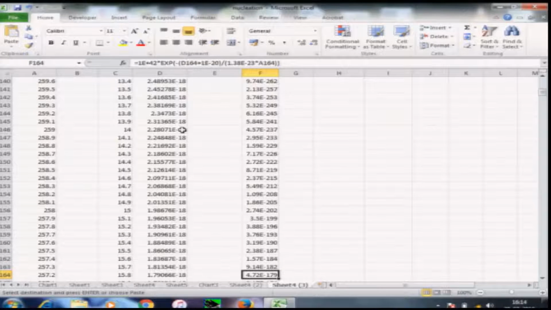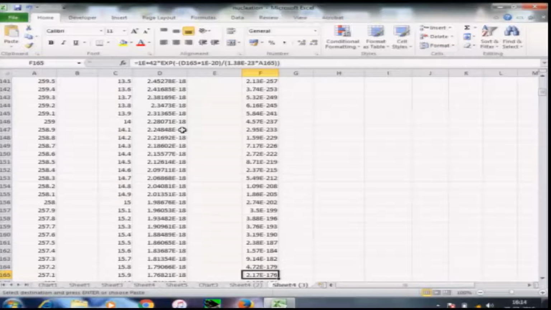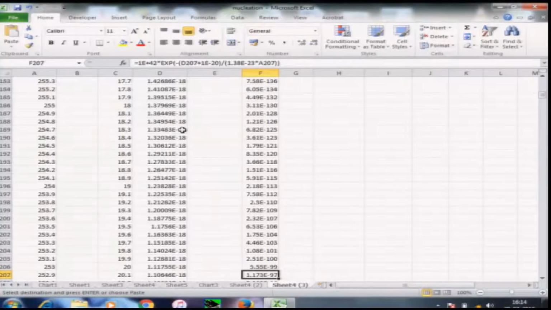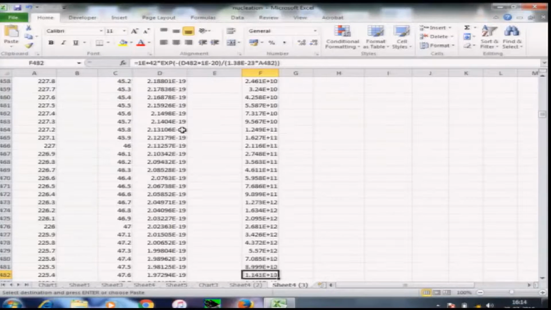Let me see at what temperature or at what undercooling the nucleation rate is becoming equal to the critical nucleation rate that I had assumed in the last lecture of 10 to power 6 per meter cube per second. So, let us go down and see where the nucleation rate reaches the order of 10 to power 6.